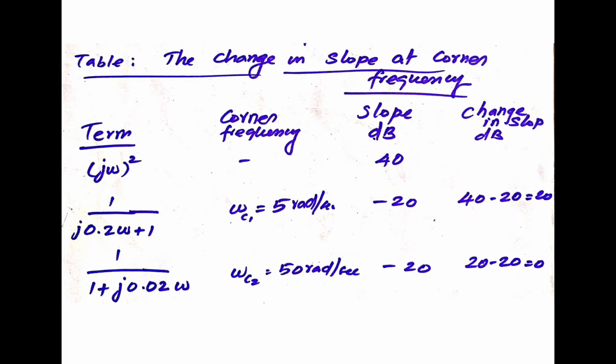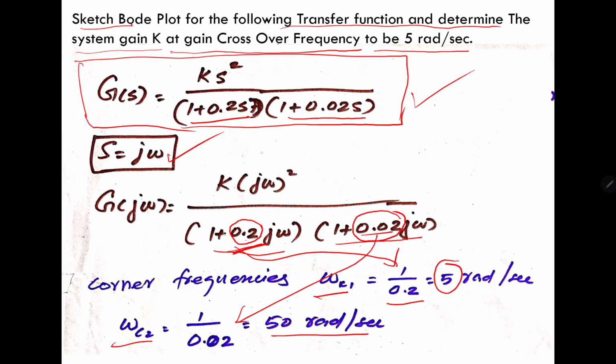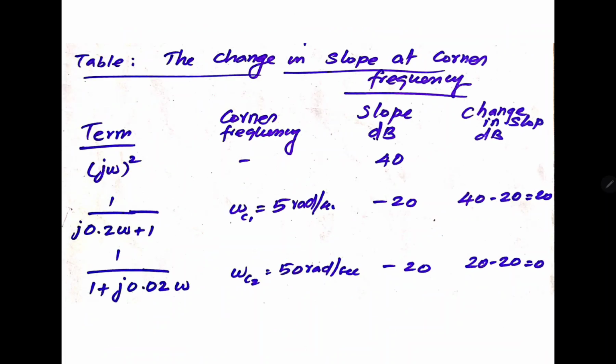Now we have to find the change in slope at the corner frequencies. In this transfer function, we have three terms: one is (j omega) square, the second term is 1 by (1 + 0.2 j omega), and another term is 1 by (1 + 0.02 j omega). First we have to write these terms in increasing order of corner frequencies.